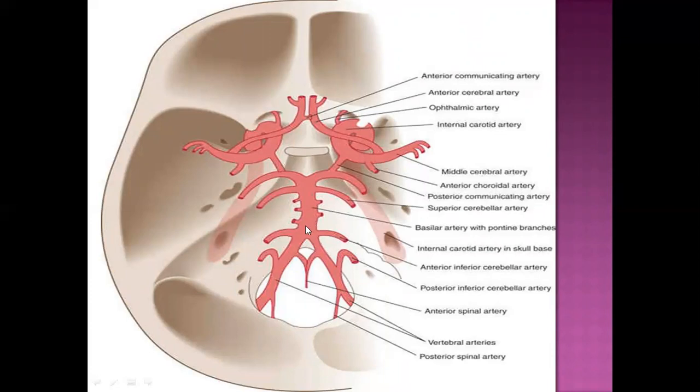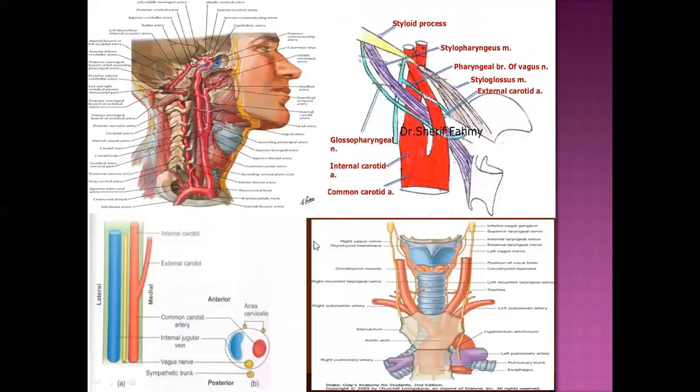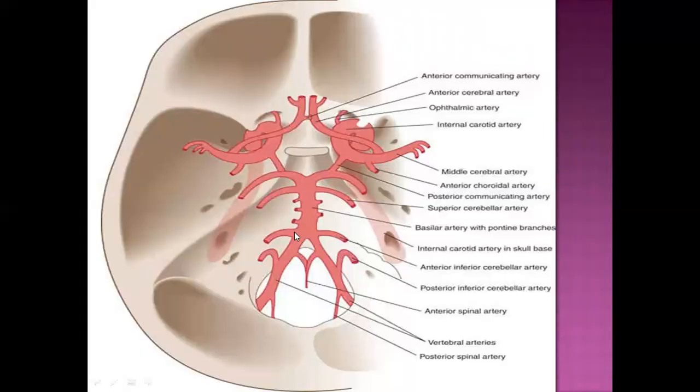If one of the arteries in the circle of Willis is blocked, the blood bypasses the blocked artery and supplies the area of the blocked artery. Due to this anastomosis, deficiency will not occur in any part of the brain.